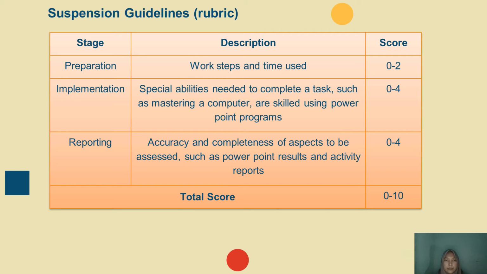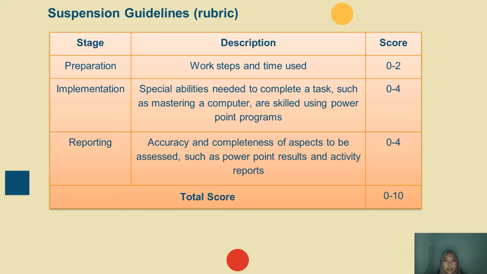In this slide, we have the assessment guidelines or rubric. In this table, there are stage, descriptions, and score. In the first stage, we have preparation, which consists of work steps and time use. The score of this stage is from 0 up to 2. The second stage is implementation, which consists of special abilities needed to complete a task, such as mastering a computer or skill using PowerPoint programs.